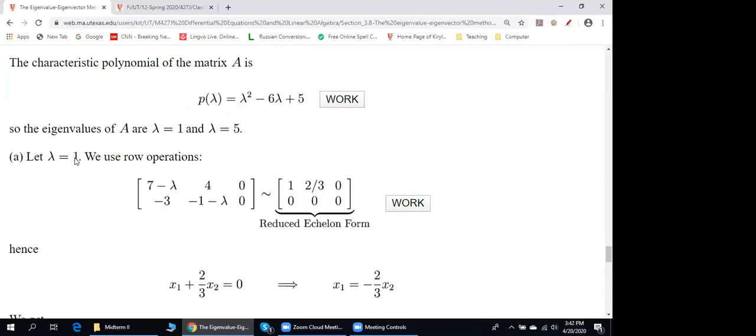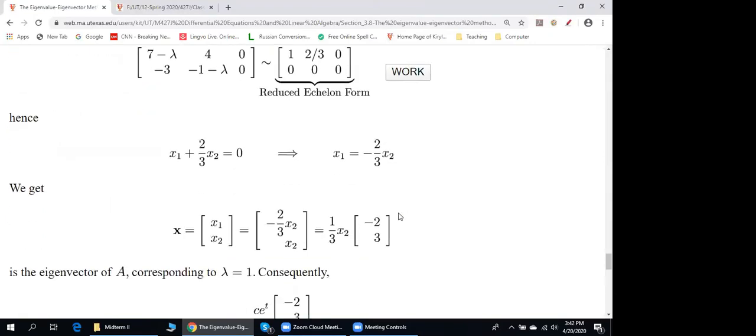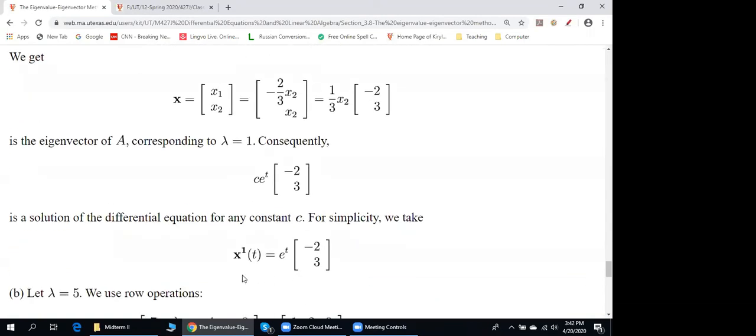Then, for lambda equal to 1, we apply the standard procedure in order to find all eigenvectors. Therefore, a particular solution will be e to lambda t. Remember, lambda is equal to 1, so here we have just e to t times an eigenvector. For example, -2, 3.